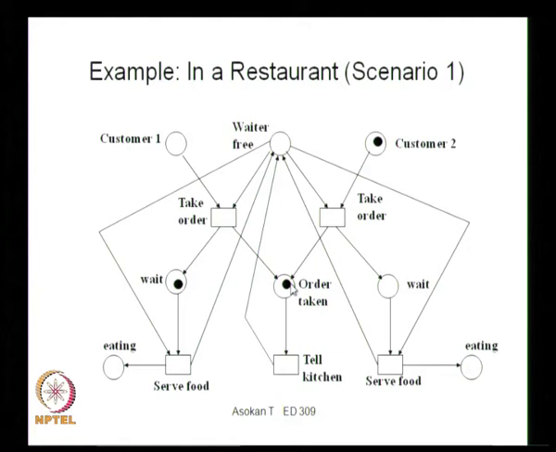Once the order is taken, it has to be placed with the kitchen, so that is this transition. The waiter gives this order to the kitchen, that is this transition. Once he places the order, the token goes back to the waiter, so the waiter is free here.